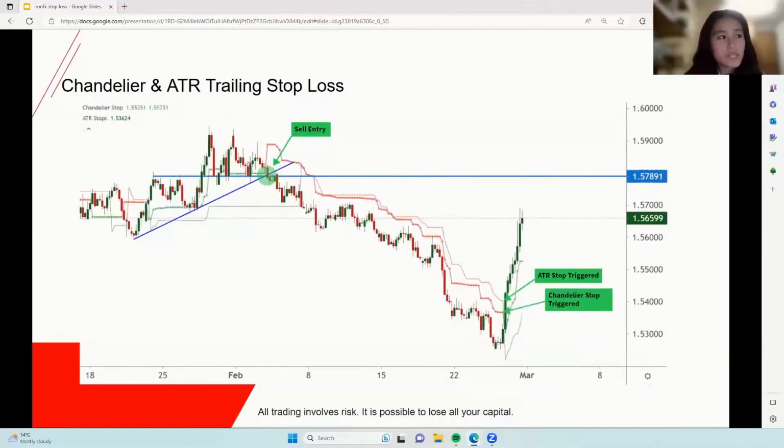Here we have chandelier and ATR trailing stop loss. It's all on the same chart, just to show you how you can use the different indicators as your trailing stop loss, to help you decide when to get out of the trade. Same sell entry, same chart.